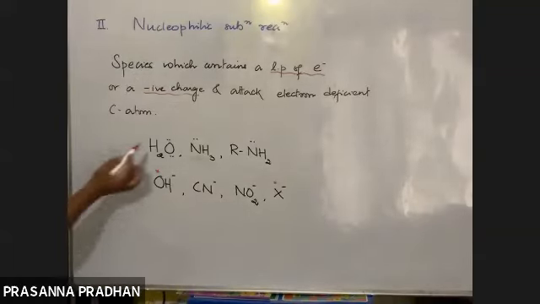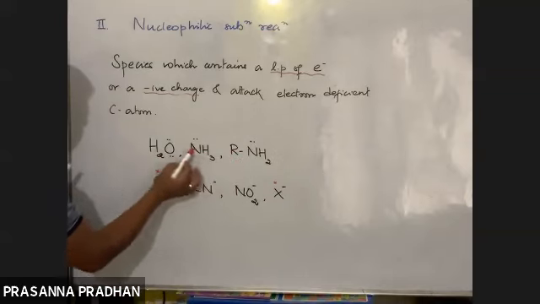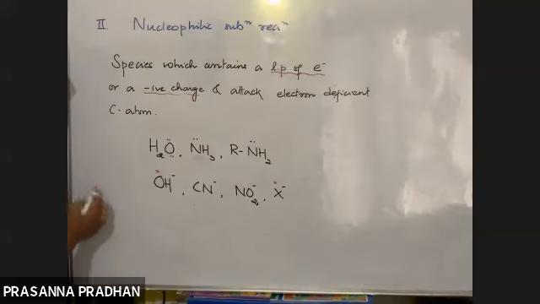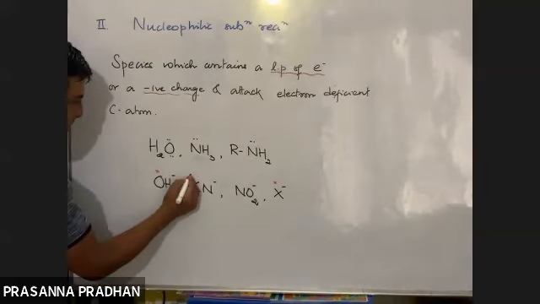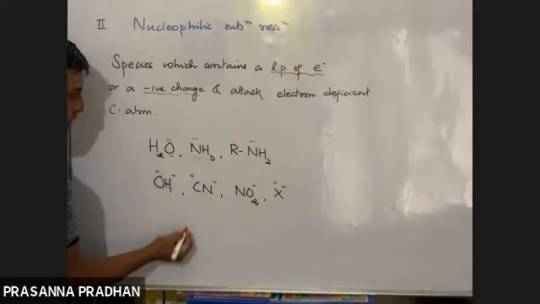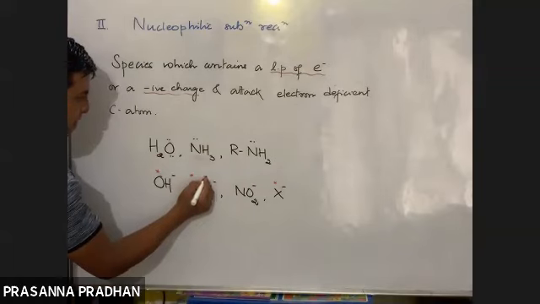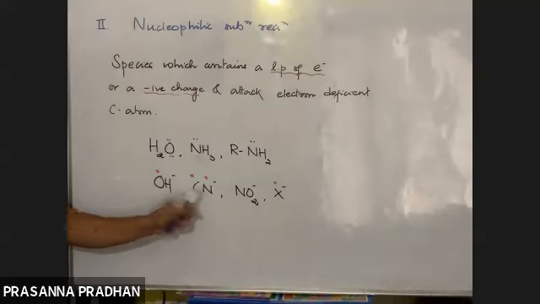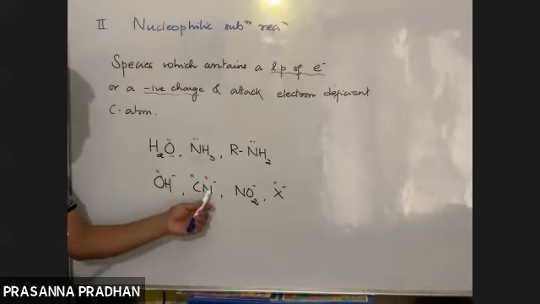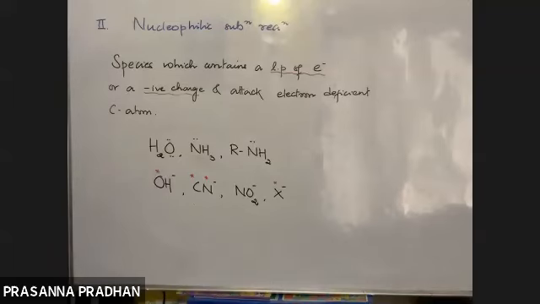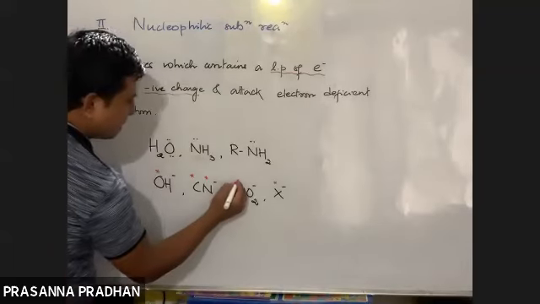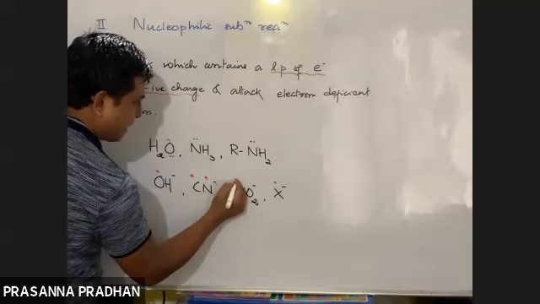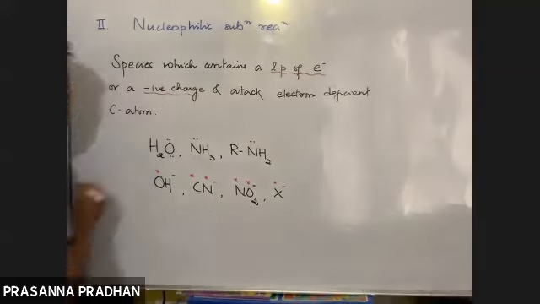In all these examples, remember, there is only one nucleophilic center: oxygen, nitrogen, oxygen. But here, carbon can also behave as a nucleophilic center, and nitrogen can also behave as a nucleophilic center. So there are two, which means it can form a bond either through carbon or through nitrogen. Here also there are two nucleophilic centers; it can form a bond either through nitrogen or through oxygen.